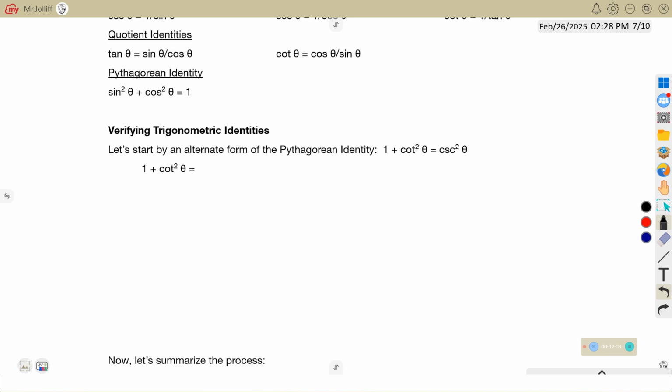Cotan is cosine divided by sine. It's the flip. We know that cotangent is cos over sine. That looks promising to me.